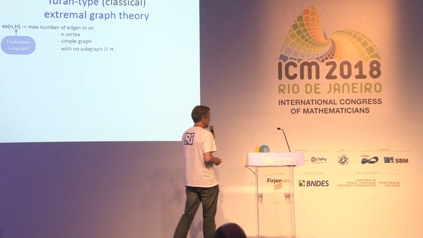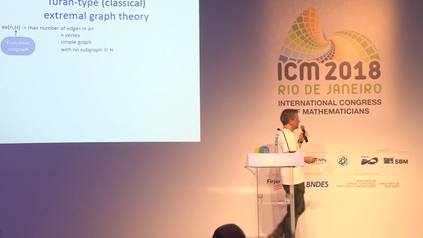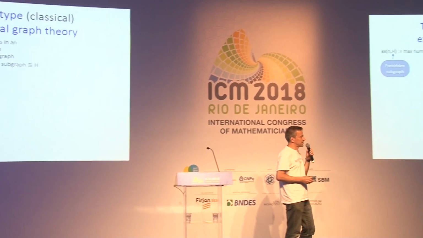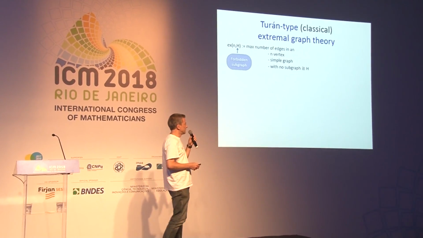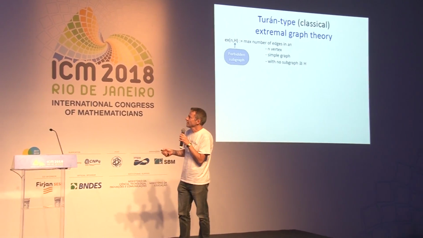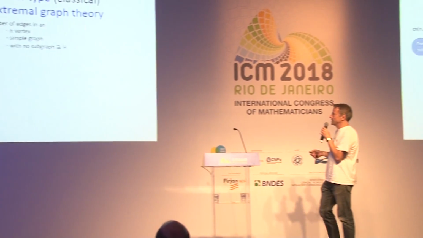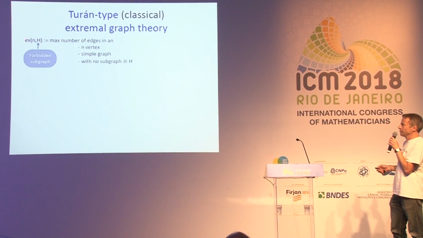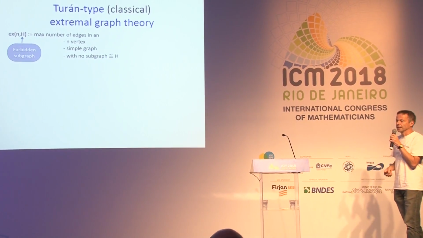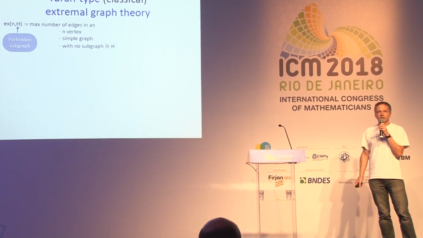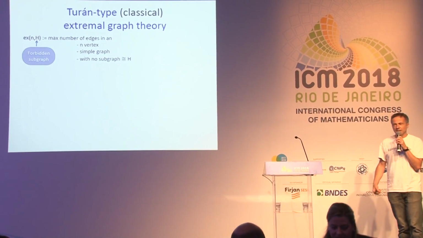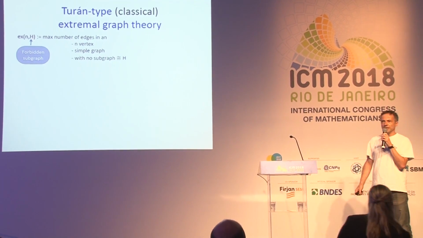So going back to the origins, classical extremal graph theory, or Turán-type extremal graph theory, is basically this problem. You have a forbidden subgraph, call that H, and then you are looking for a simple graph on n vertices, which has at most n choose two edges, of course.